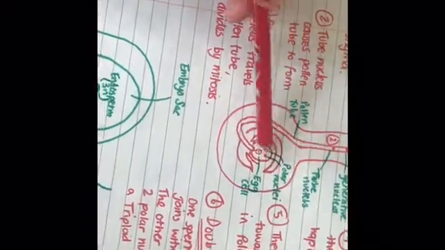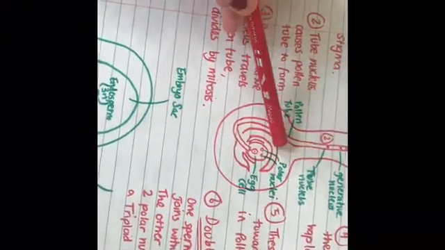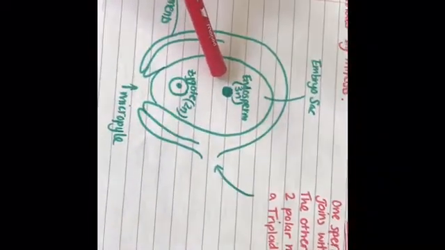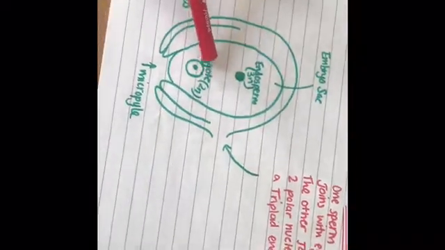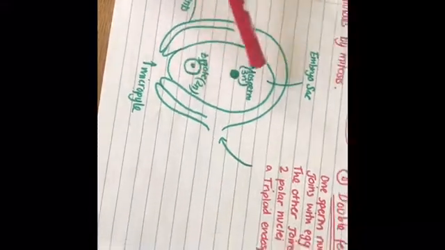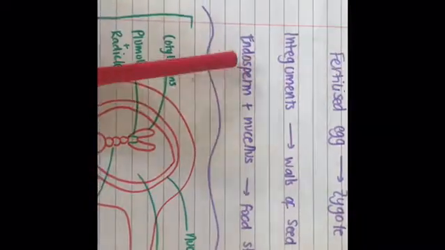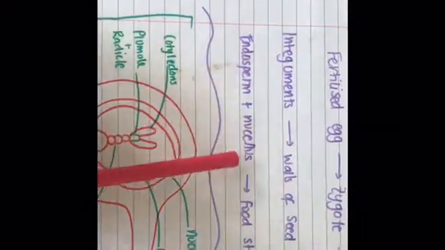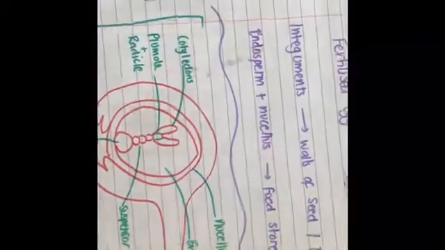Once that endosperm was made by the 2 polar nuclei and the sperm nucleus fusing together, we then had the endosperm inside of the nucellus with the zygote as well inside of the ovule. So the endosperm and the nucellus together, they make a food storage. Okay, the 2 of these together will provide a food storage for the growing embryo inside of the seed.